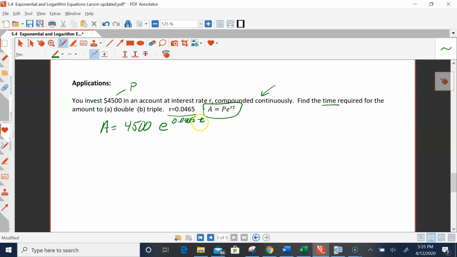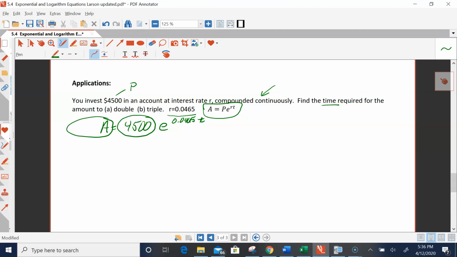Another part of this is what that value of t is going to be for my investment to double. So let's take a look at this. If I'm investing $4,500, how much is that if I doubled it? It would be $9,000. That goes in place for A, because A is the amount in the account after all that time has passed.